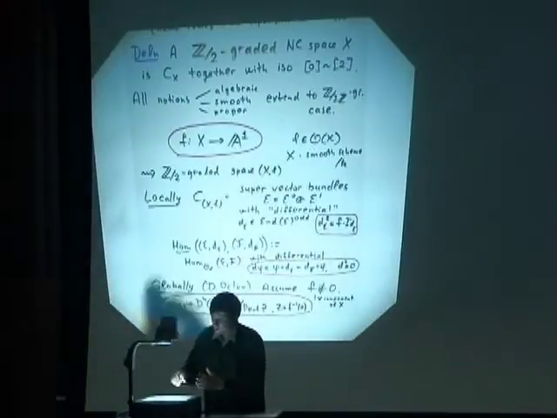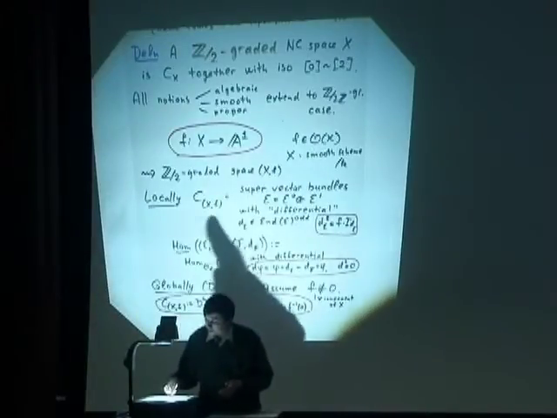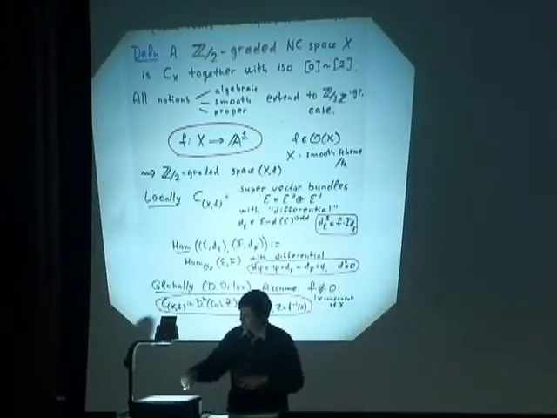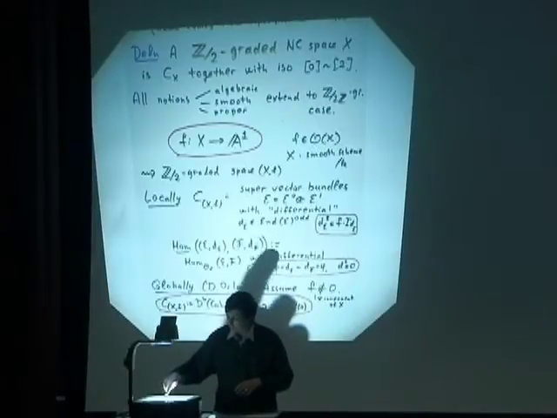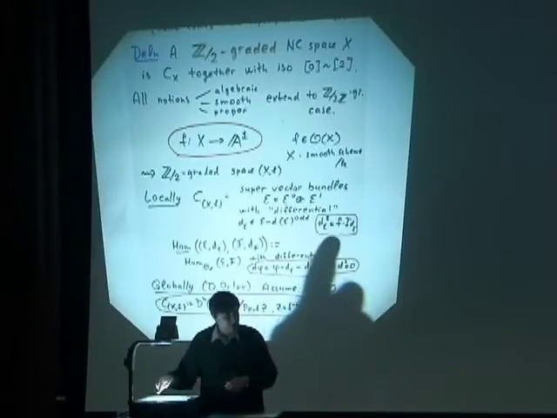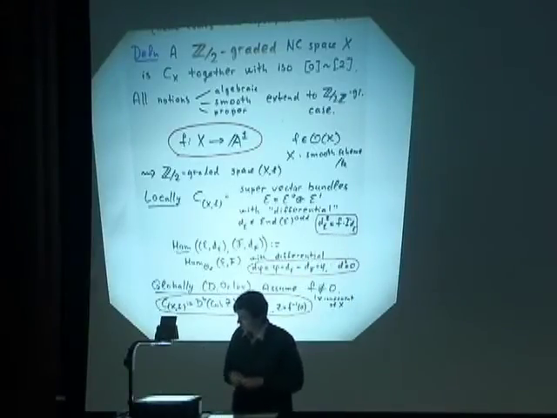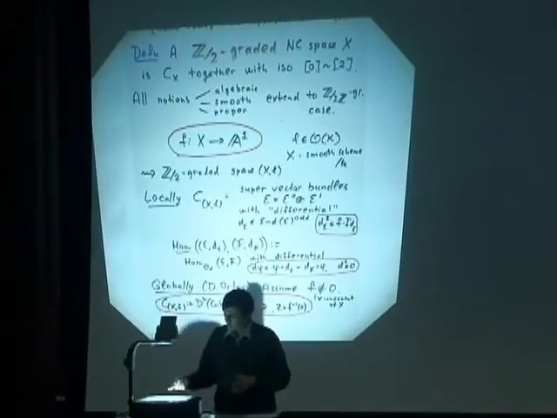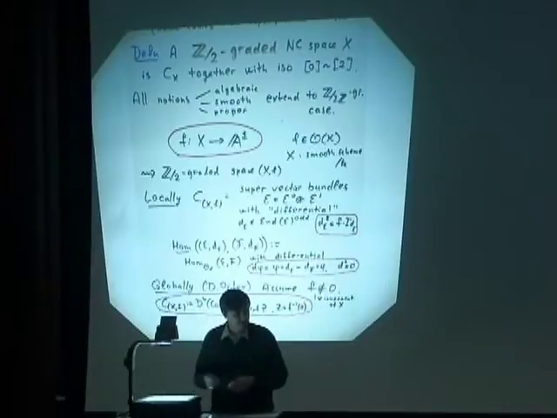Locally, if my spaces are affine, what we do is consider supervector bundles on X. So we have two components, A0 and A1, and a kind of fake differential, a map of modules, which is an odd map, goes from A0 to A1 and back, with square equal not to 0, but to multiplication by the function F. But you ignore the problem that the square is not 0 and pretend that it is 0. And then you want to define what is Hom between two such things.